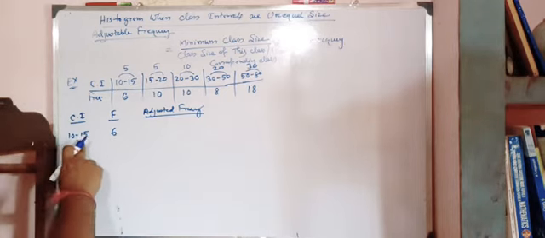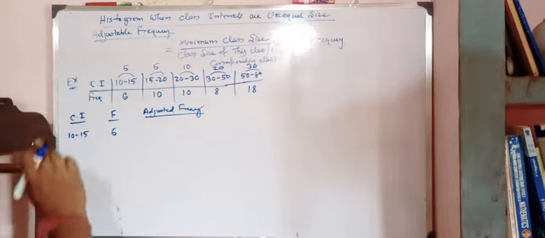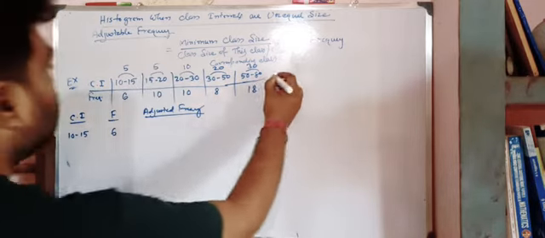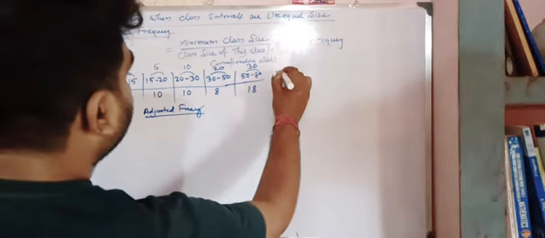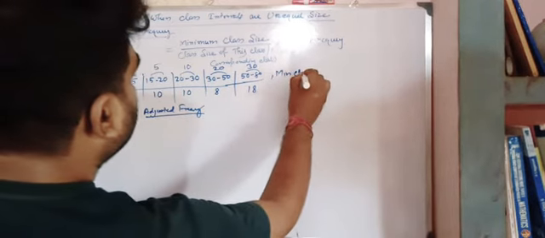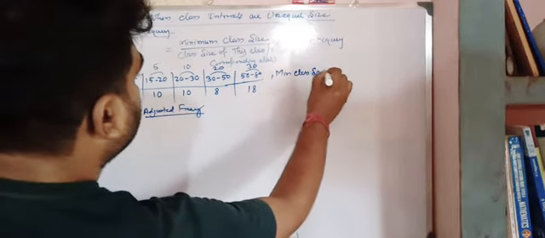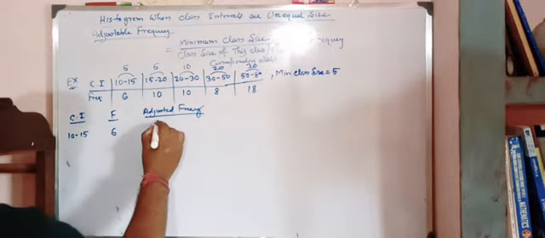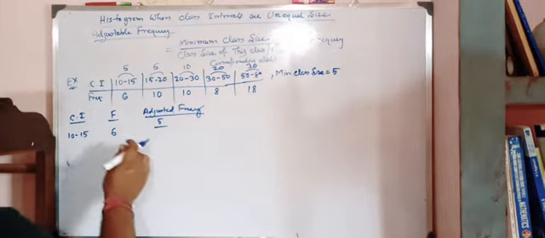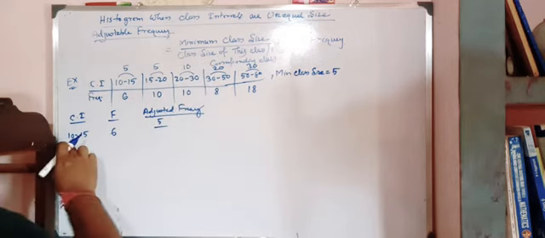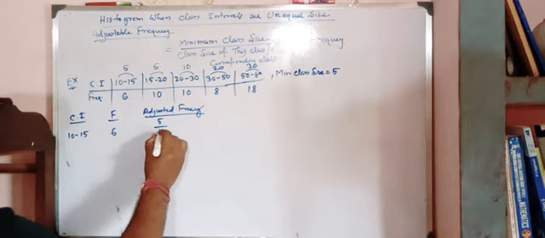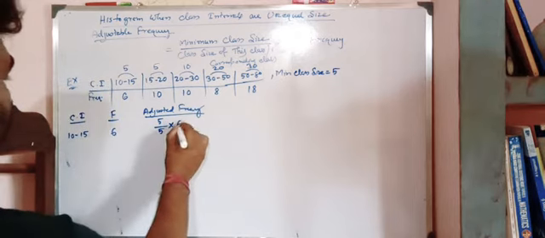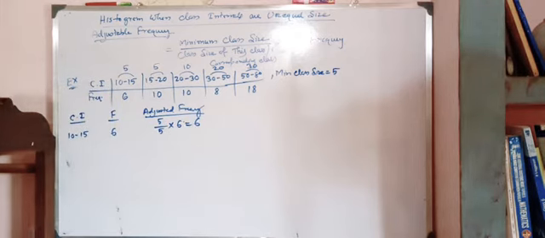The minimum class size is equal to 5. So the adjusted frequency is 5 divided by the class size of this class, which is 5, into its frequency 6. So the adjusted frequency is 6.